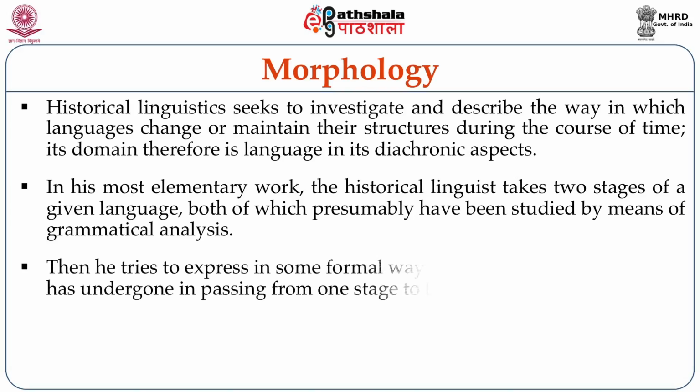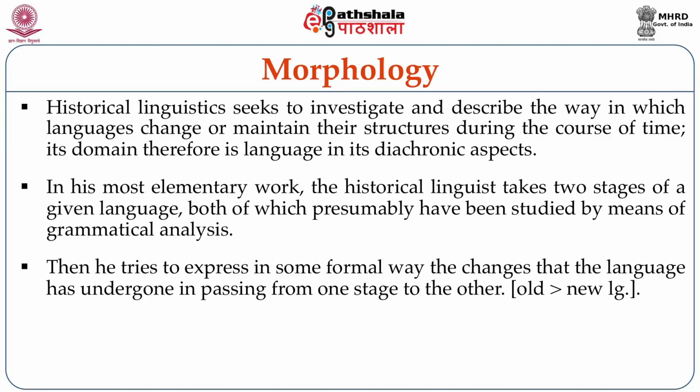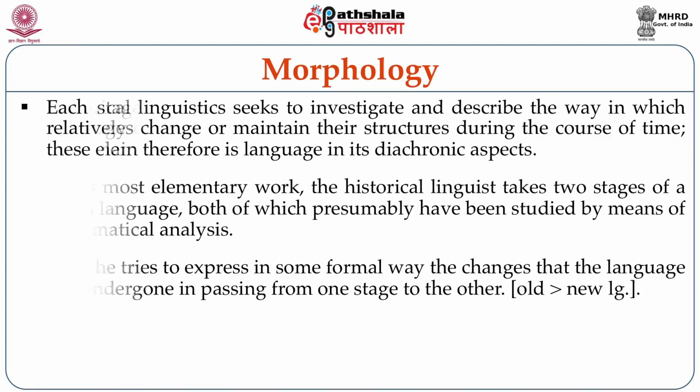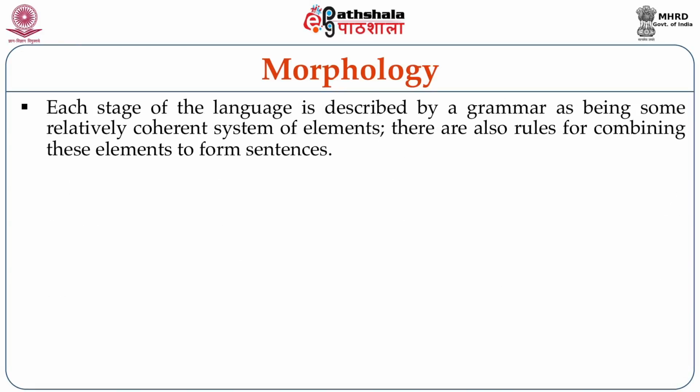Then he tries to express in some formal way the changes that the language has undergone in passing from one stage to the other, from the older stage to the newer stage. Each stage of the language is described by a grammar as being some relatively coherent system of elements.